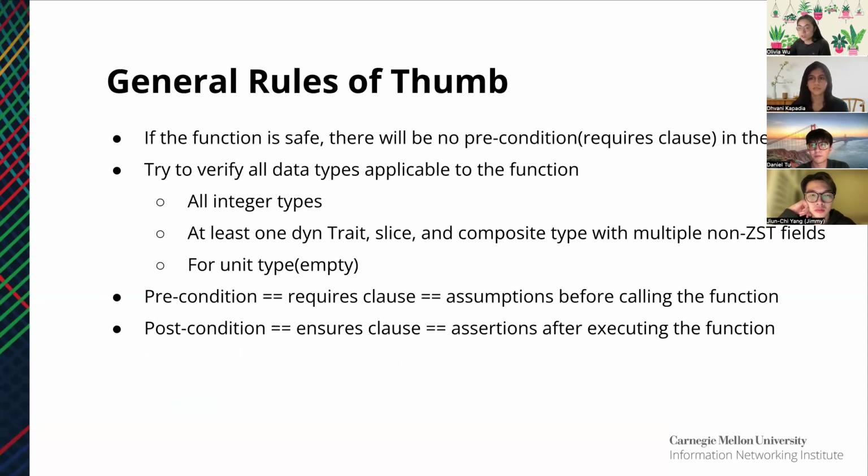So the pre and post conditions, if you look at the actual annotations we wrote, will be translated into requires and ensures clauses. And also the other rule of thumb is that we attempt to cover as many data types as possible. That includes all the integer types, the dynamic traits, slice, composite types, and also the unit type.